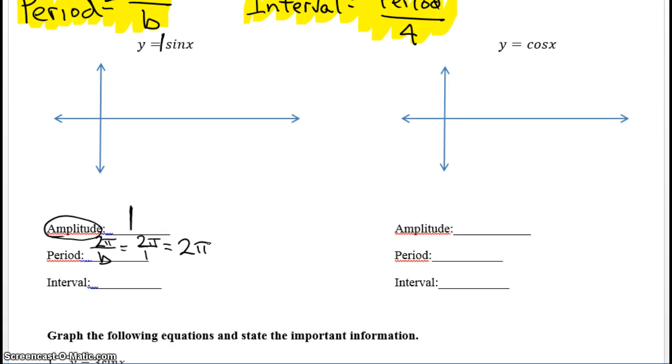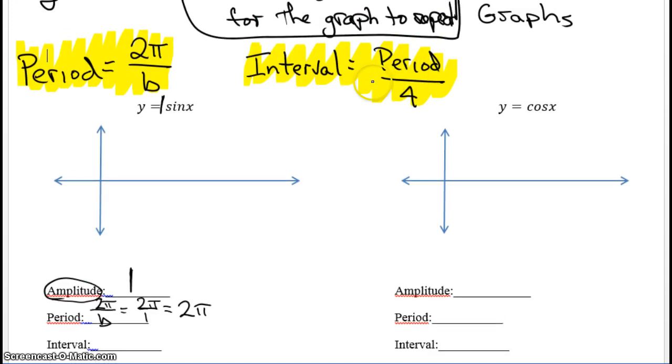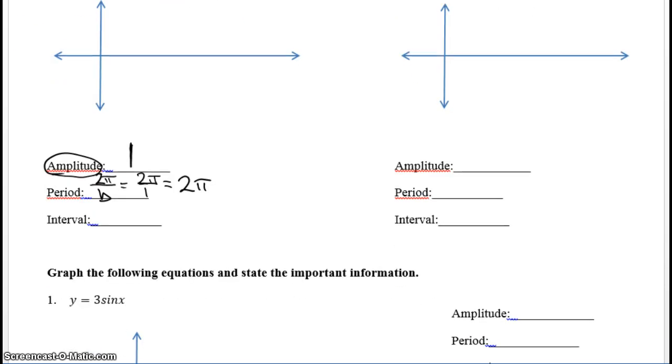The interval, which we use in drawing our graph, is found by taking the period divided by 4. So my period is 2 pi, so I'm going to take the period divided by 4. The period is 2 pi. I divide that by 4, and that's pi over 2.